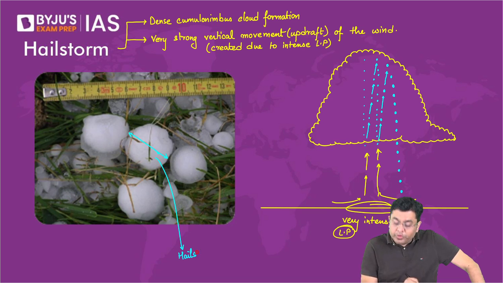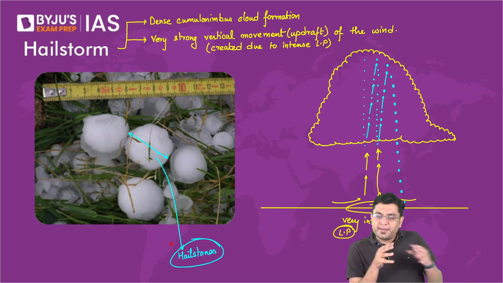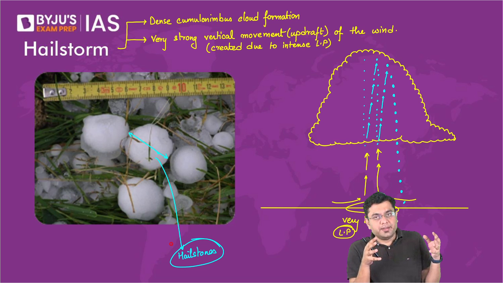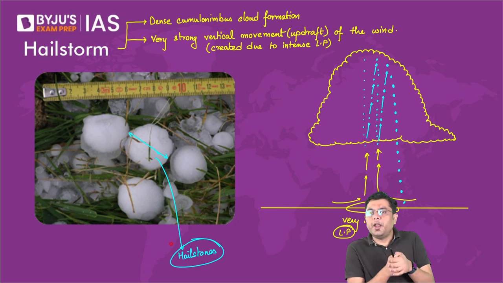These hailstones are created as a result of multiple vertical movements through the region of the clouds due to the vertical movement of the wind. That continuous rise and fall, and rise and fall, creates the increase in size, and that is how it ends up creating a larger ice particle, which is what falls along with the rainfall.